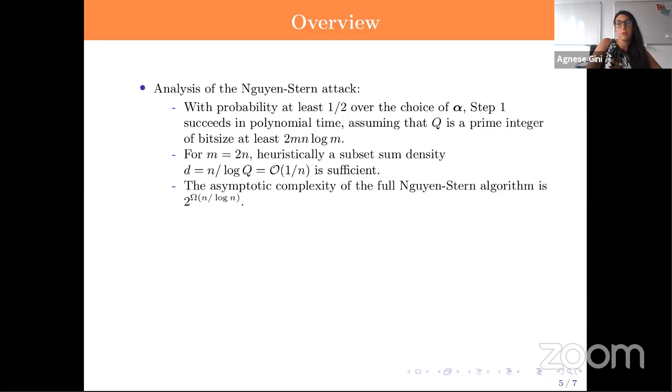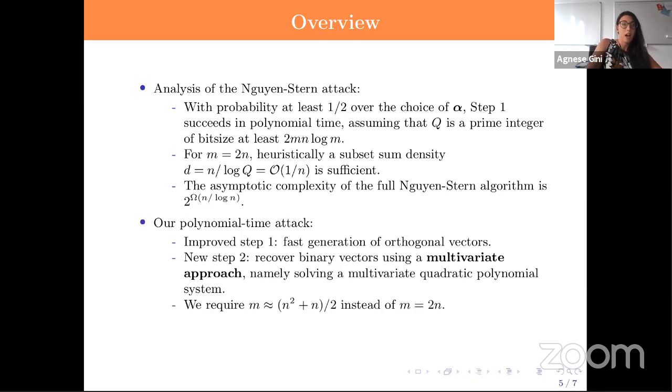The reason is that in the Nguyen-Stern attack, they use a lattice reduction algorithm to compute the binary vectors as short vectors. But we observed that these are actually not the shortest vectors of the lattice, and for this reason, the asymptotic time complexity of the attack cannot be polynomial. So in our paper, we decided to have a new second step, completely different, using a different approach.